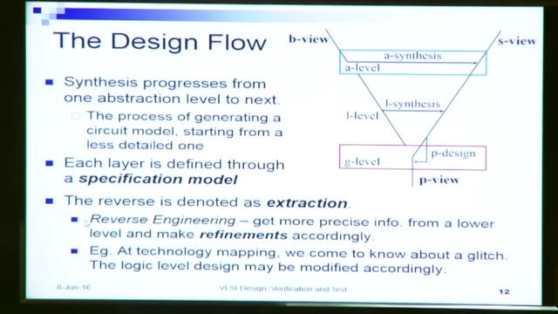For example, until we go to the circuit level, let us say the transistor level, we don't understand that there is a glitch. Let us say I have a gate and this gate has two inputs, and the inputs come through a set of previous gates.